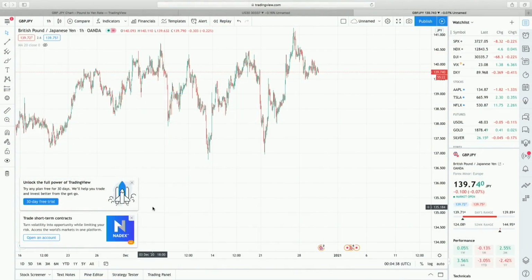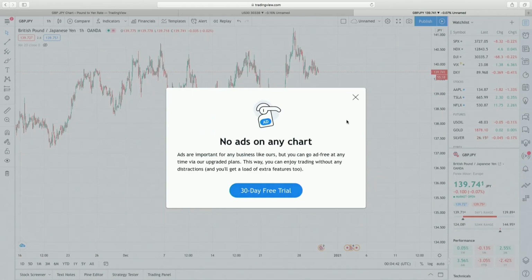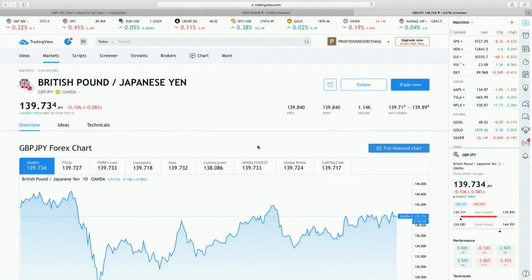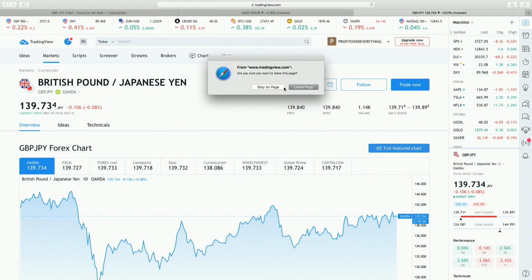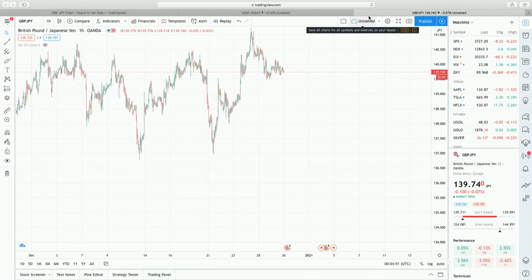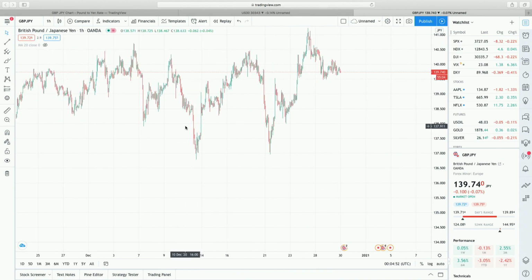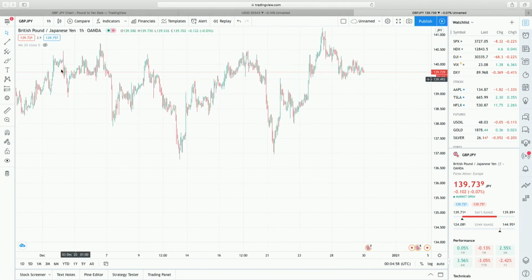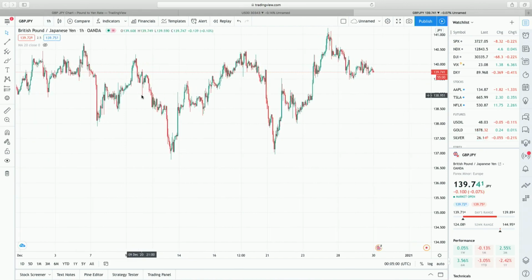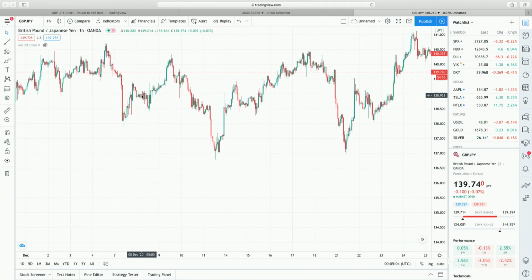Okay, so here we have GBP JPY. Give me a second. If you can take a look at price right here, we're on the 1 hour time frame, and you can see very clearly, without even zooming in, that price revisited this point twice and shot up.